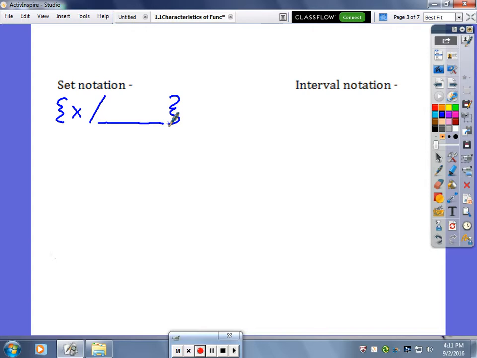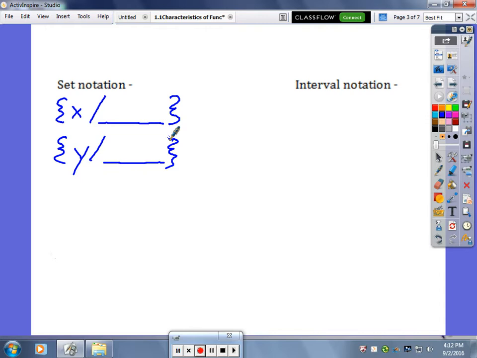For the range, it would look like this, open braces, and y, such that, and after comes the condition that all the y values have to fulfill. Please realize that for set notation we have to be clear and have to use x when we talk about domains and y when we talk about ranges.